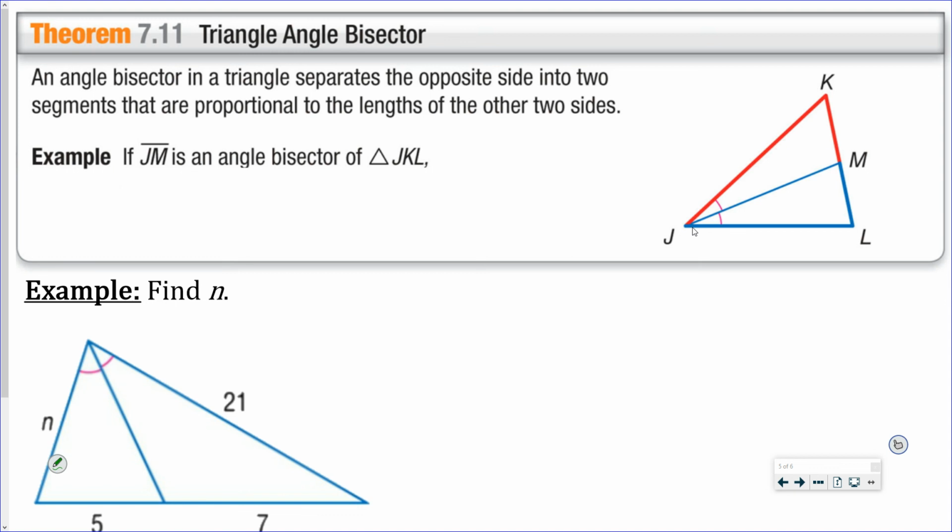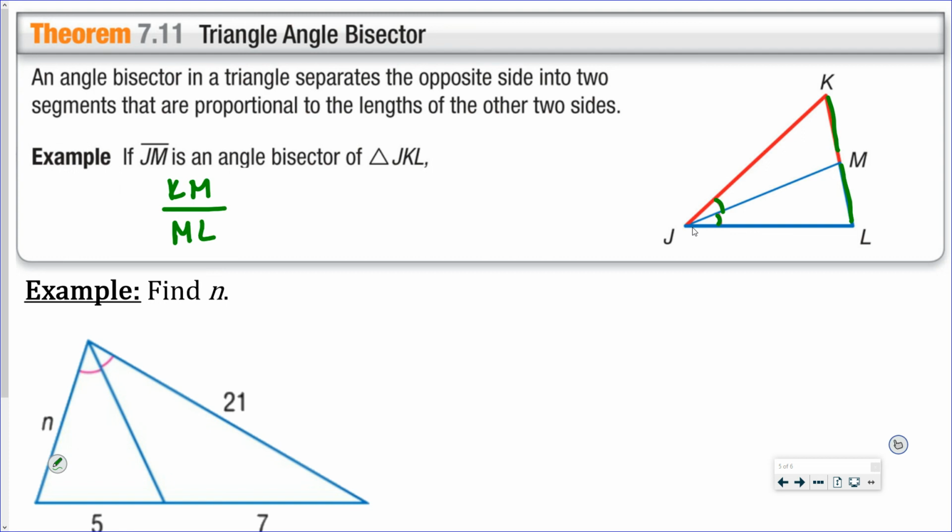So as long as it's an angle bisector, which it is in this case, it's showing me right here, it's going to split this third side. So let's go the ratio of KM to ML.